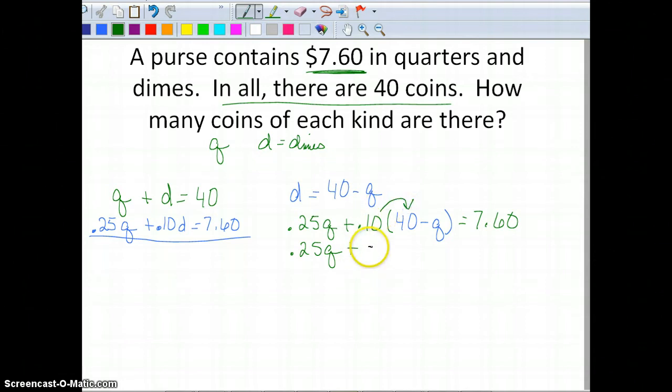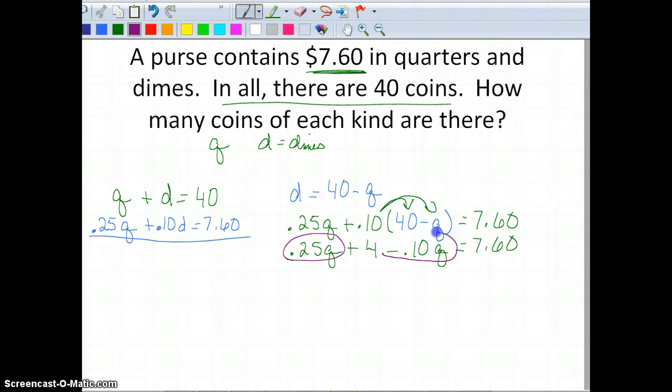What is that? 4. Minus 0.10 Q. When I distribute again, and all of that's equal to $7.60.